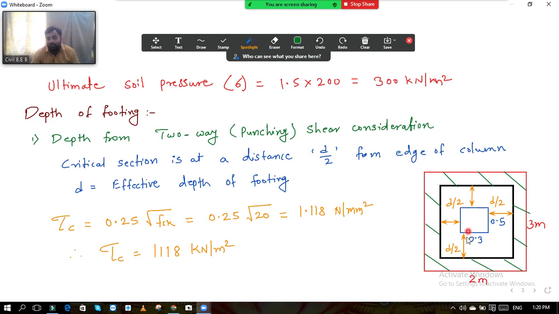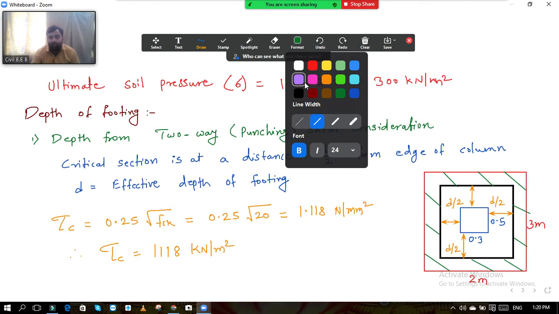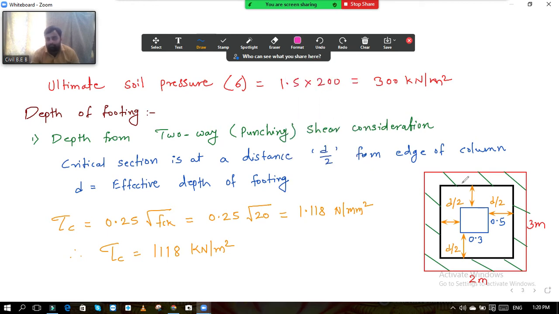So this much is 0.3, this is 0.3 plus d by 2 on right hand side plus d by 2 on left hand side. So this total dimension will be 0.3 plus d. So this total dimension I will write over there, this is 0.3 plus d, this is the total dimension.